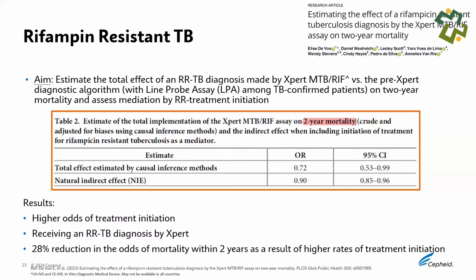Still, the Xpert MTB/RIF, we did reflect on this to say it actually is recommended by WHO to be first line, because it's going to give you the results for both TB and rifampicin resistance. And this study also was estimating the effectiveness of rifampicin-resistant tuberculosis diagnosis by the Xpert MTB/RIF assay on 2-year mortality.